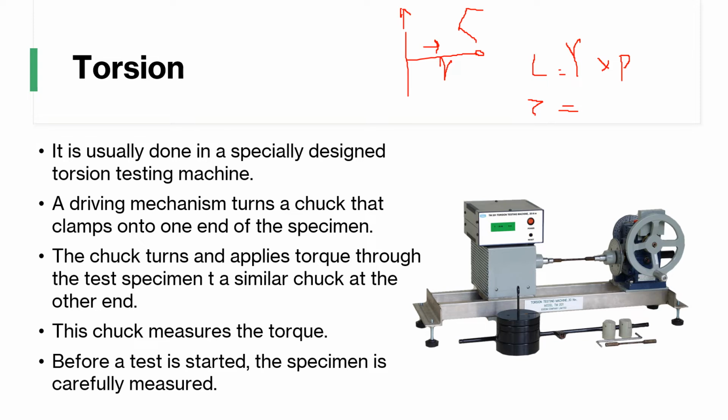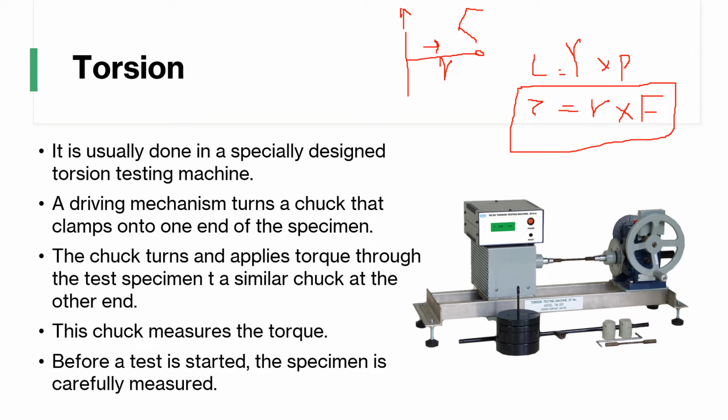Your torque, you have your radius, and then your force. I really hate writing on this PowerPoint thing. Maybe you can remember this one from your physics. So anyway, a rotational equivalent of your linear force is your torque.